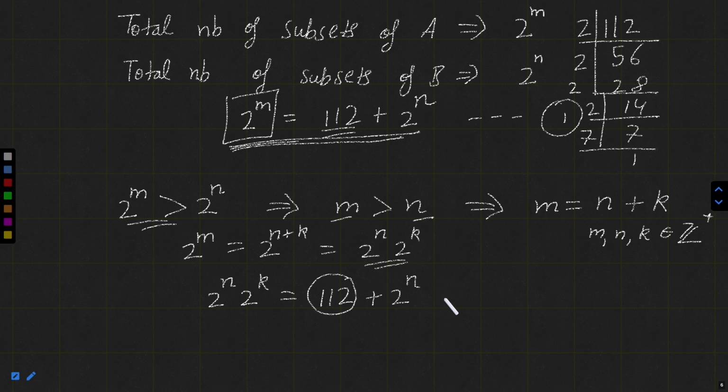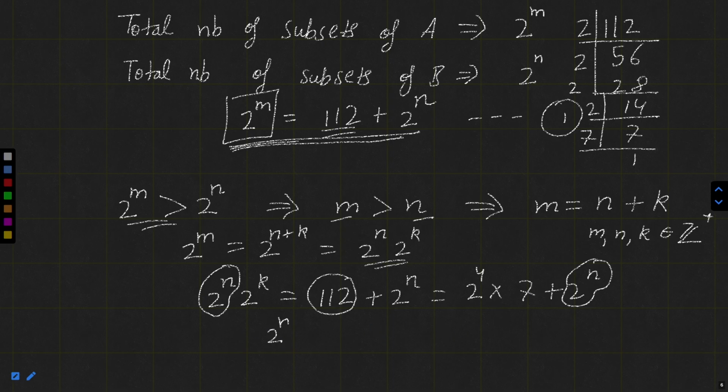Simple. So from here we can write 2 power 4 times 7 plus 2 power n. Simple. Now I am taking 2 raised to the power n to the left side of the equation.